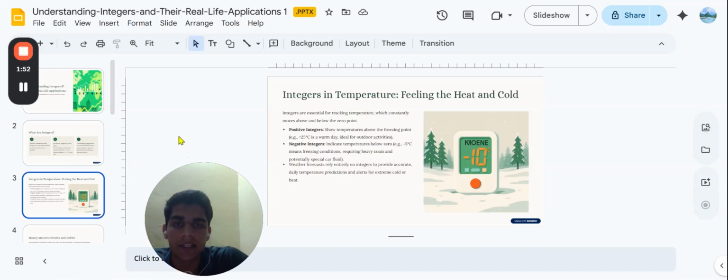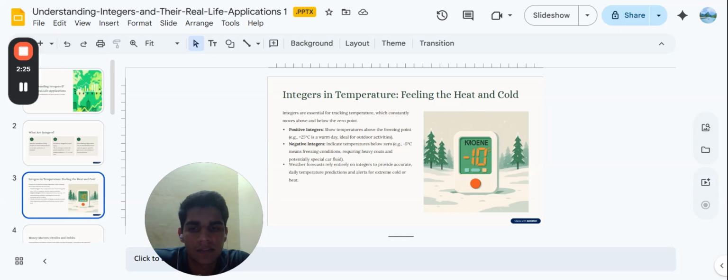The next application is integers in temperature. Whenever you feel heat or cold, in tracking temperature, we consistently move above and below the 0 point. Above the freezing point, generally at room temperature, we use positive integers as the temperature, and negative integers in some countries like Russia, where the temperature is negative.